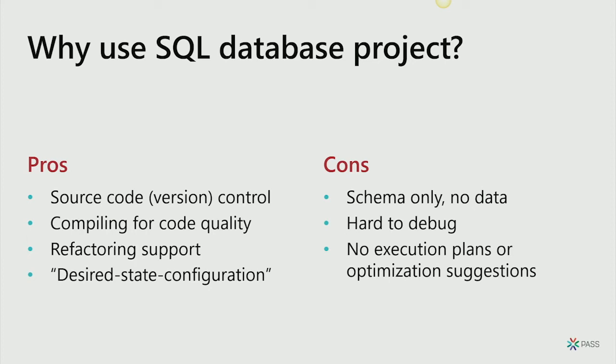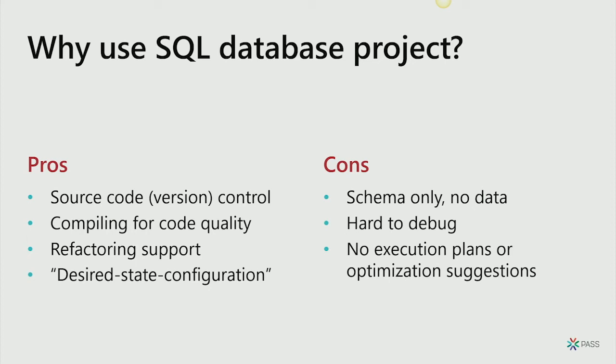Other products use a migration state, where you have some kind of base schema and then a series of migrations that allow you to change the schema from one version to the next. I prefer this approach, and other people prefer the other approach.